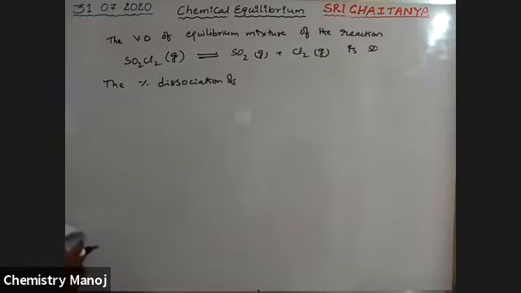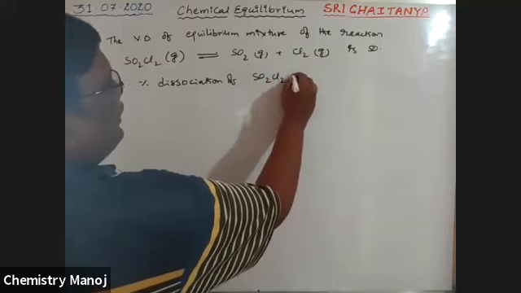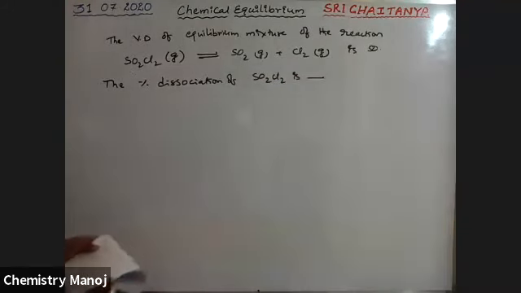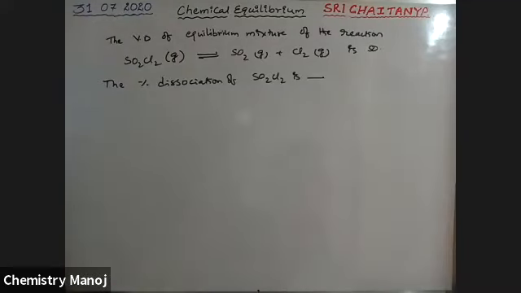The percentage dissociation of SO2Cl2 is dash. Just like the previous problem.